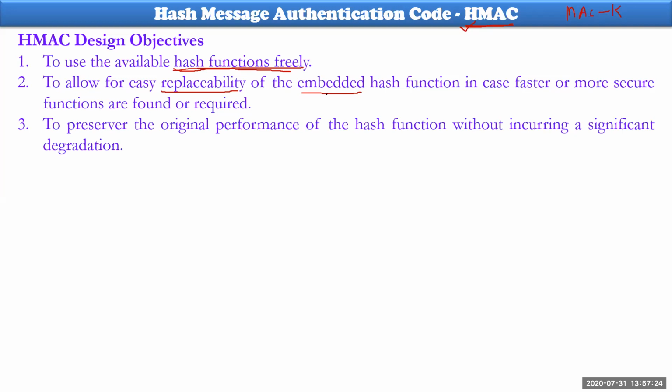MAC and the IP address allocated to you will both be tied up together, and that will be given to you with a username and password. So for such preservation of the original performance of your line or your hash function, you may use this particular HMAC.